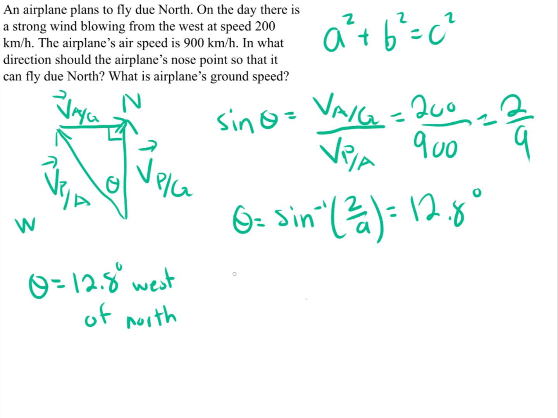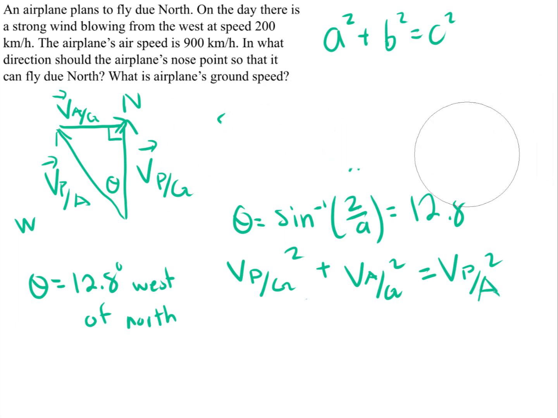So the velocity of the plane relative to the ground squared plus the velocity of the air relative to the ground squared must be equal to the velocity of the plane relative to the air squared. Again, this part is ground speed. This is the speed of the wind, and this is the airplane's airspeed.